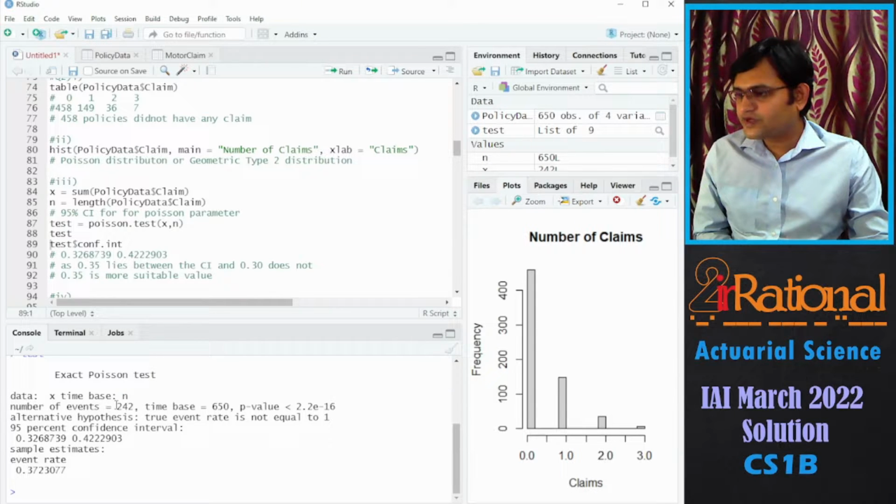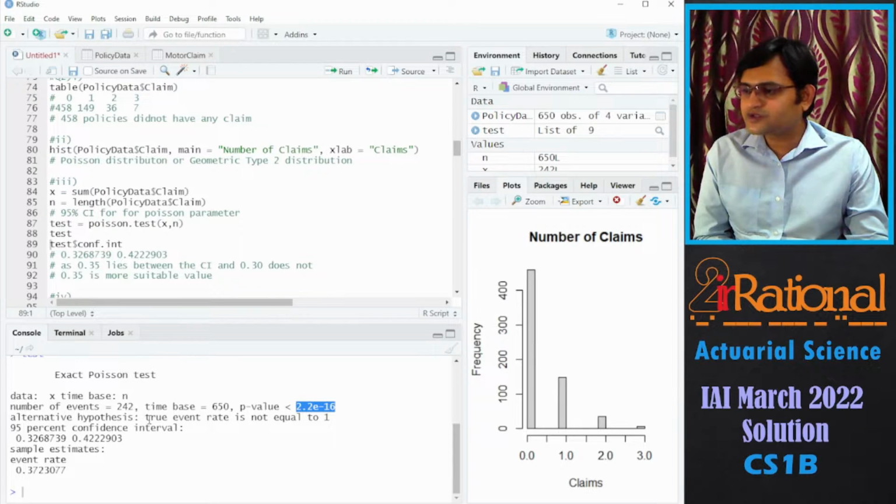The number of events is 242 and the time base, that is the number of total policies, is 650. So out of 650, 242 claims we see. The P value is very small, and the alternative hypothesis was true event ratio is not equal to 1. Anyways, the main part is going to be our confidence interval.